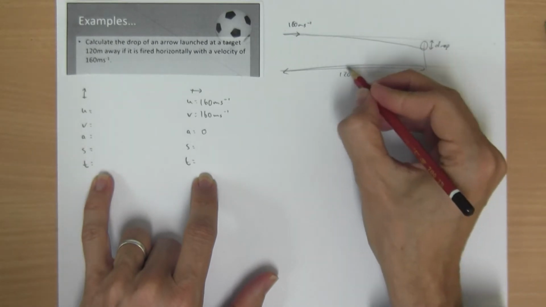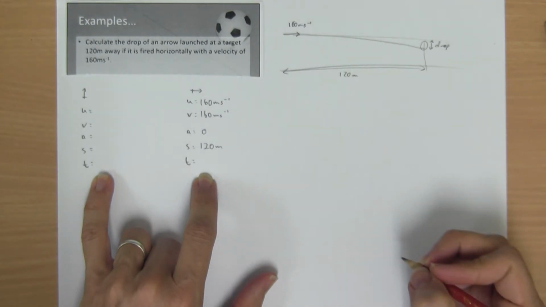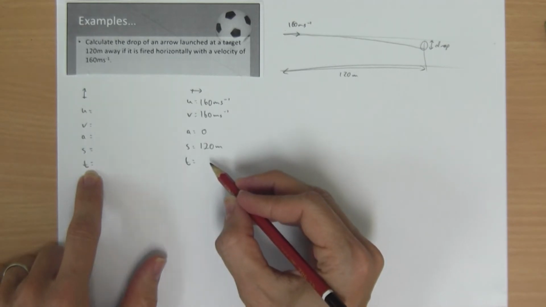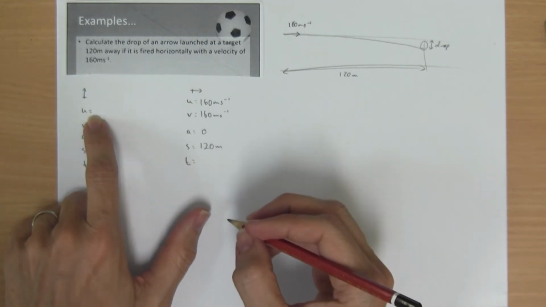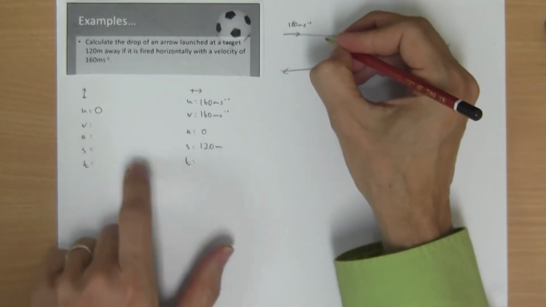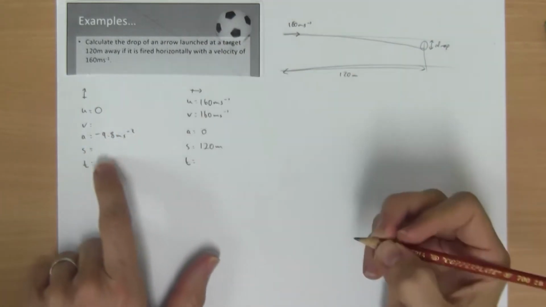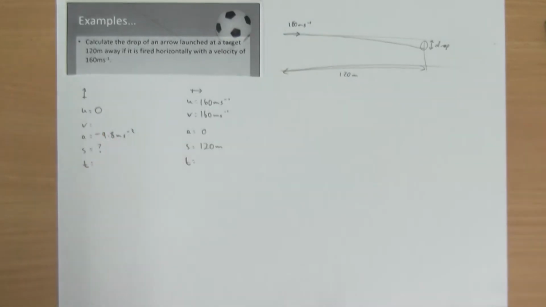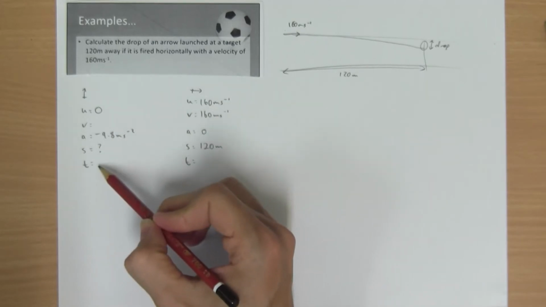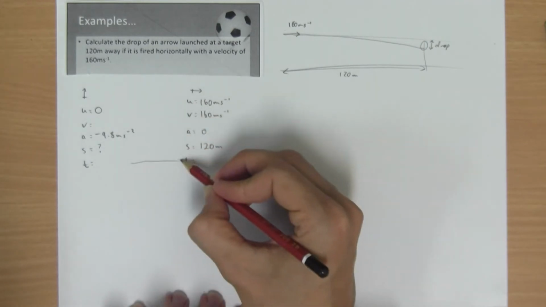What I know is the horizontal displacement is 120 metres. Okay? But for me to solve this, you'll see in a moment, I'm going to have to find the time.